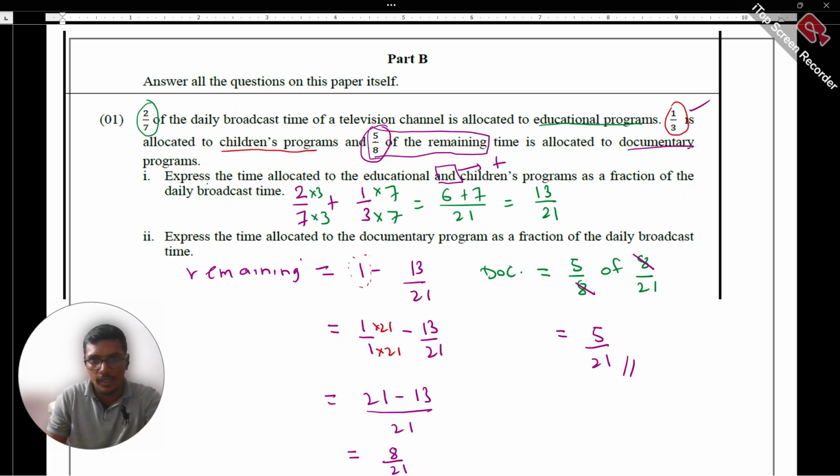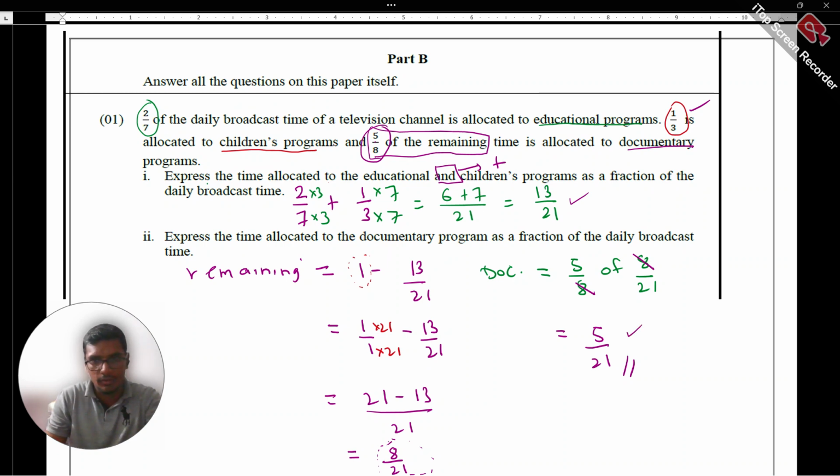Okay. Then we should realize that this 5/21 is taken from this 8/21. So the remaining time will be 3/21. 13/21 was taken for children's and educational, and another 5/21 is taken for documentary.